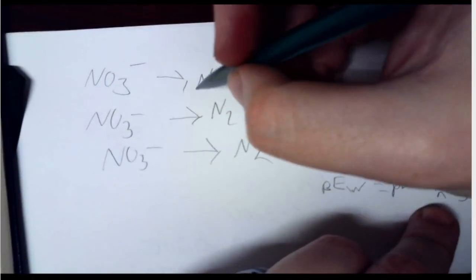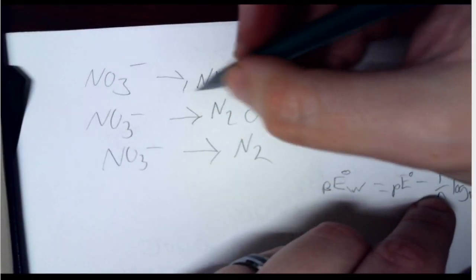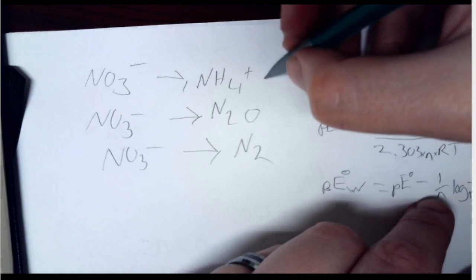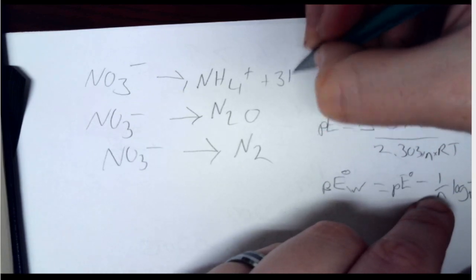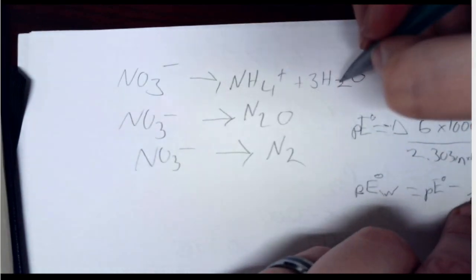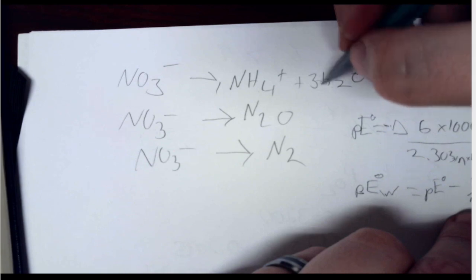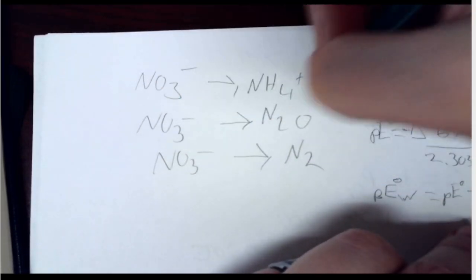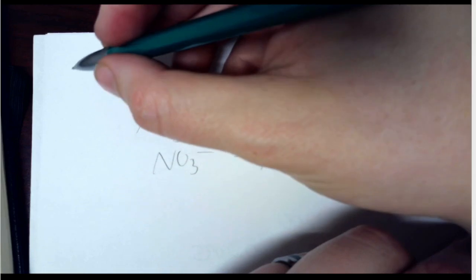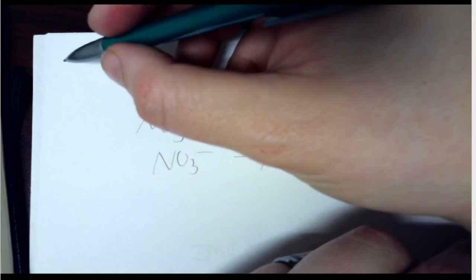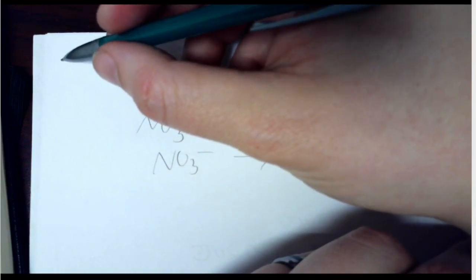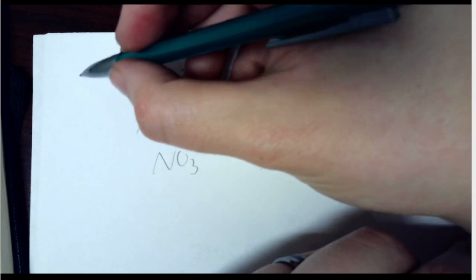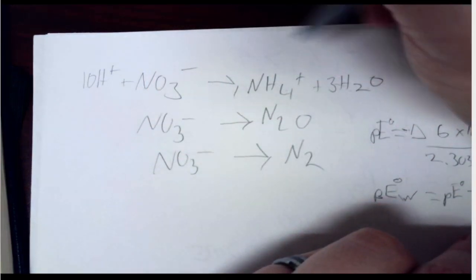Nitrate to ammonia, we're balancing this. One nitrogen. We need 3 waters here. That means 6 plus 4 is 10 hydrogens here, 9 on the other side.